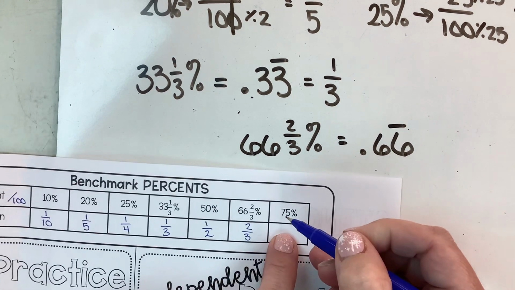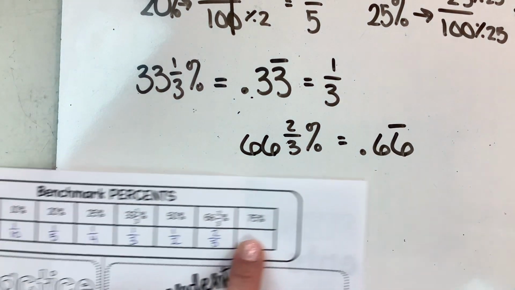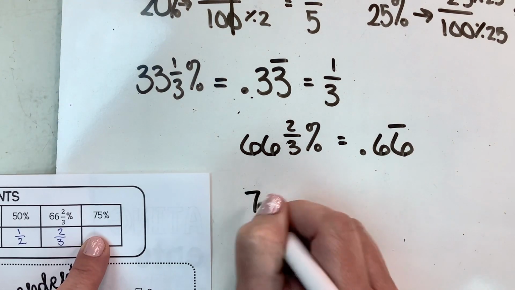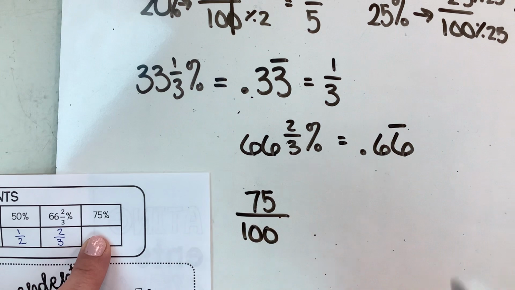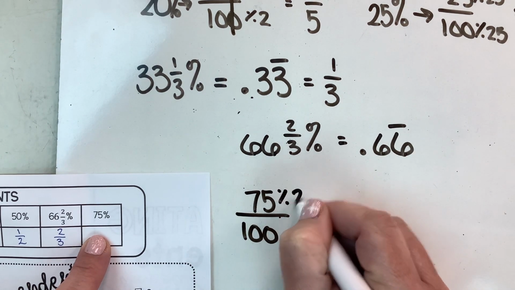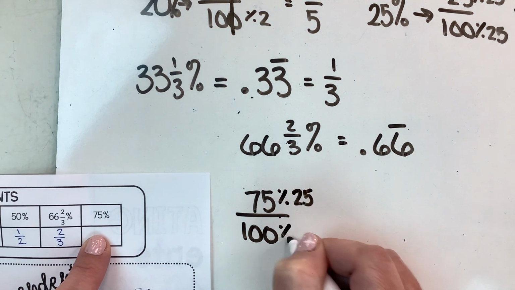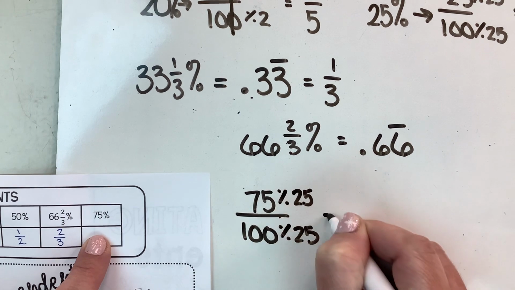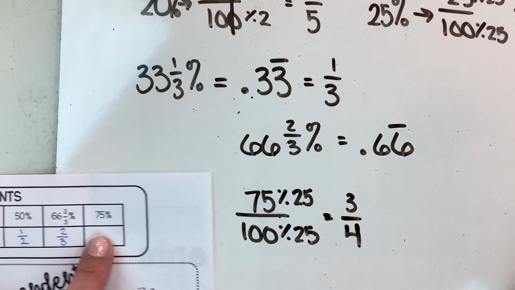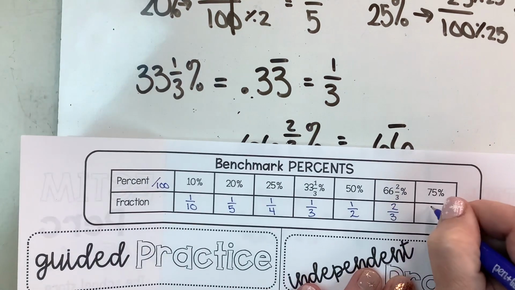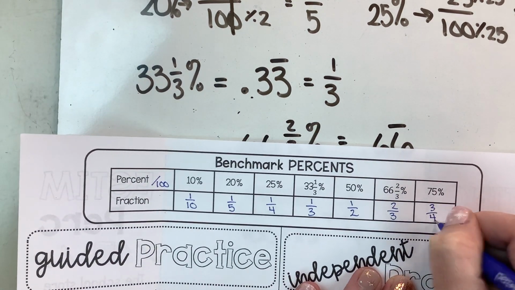And lastly, 75%, 75 over 100. But again, 25, 50, 75, you can divide by 25. And we get 3/4. Okay, and that is this one.